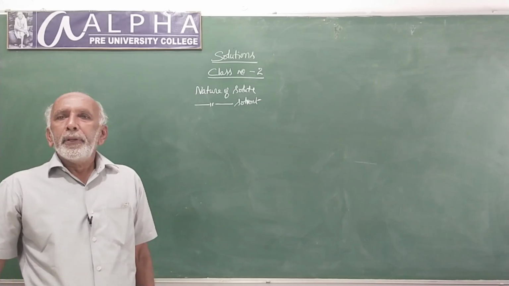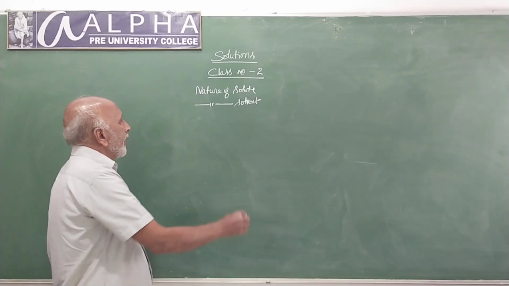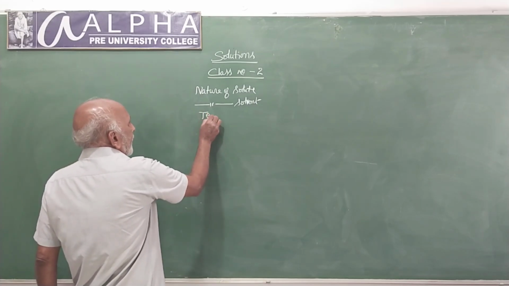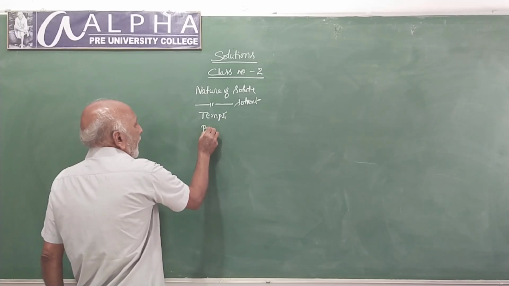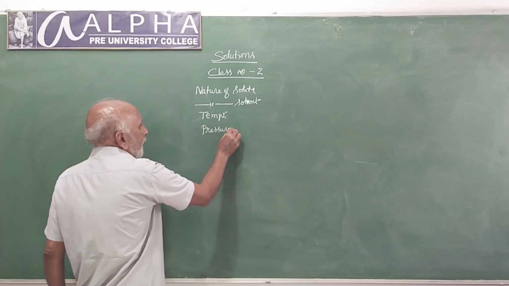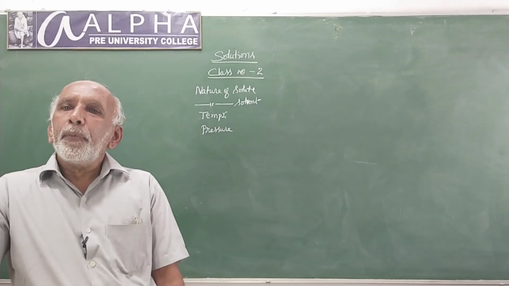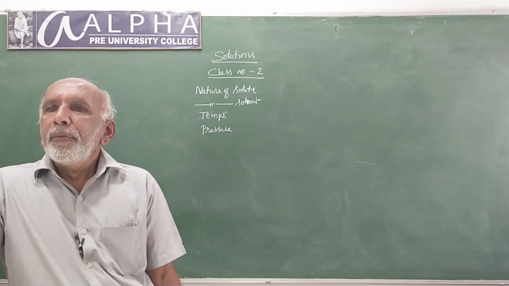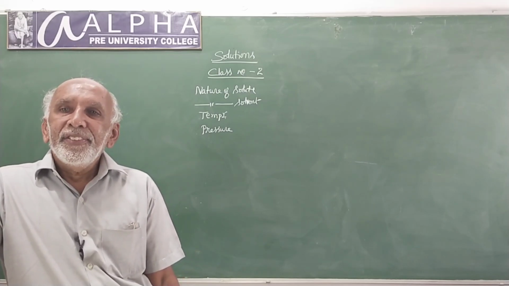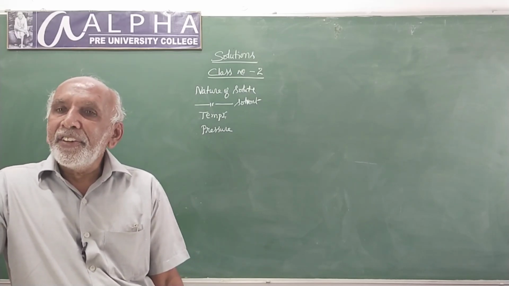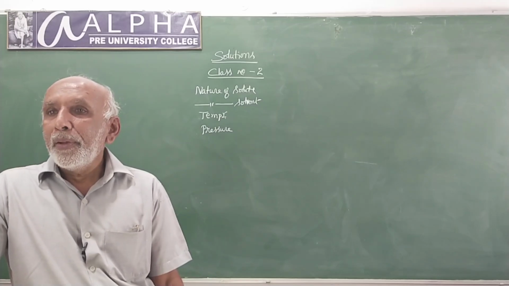Solubility depends upon nature of solvent. Next factor is temperature. Another one is pressure. These four factors are important which influence the solubility of solute in a given solvent during the formation of solution.